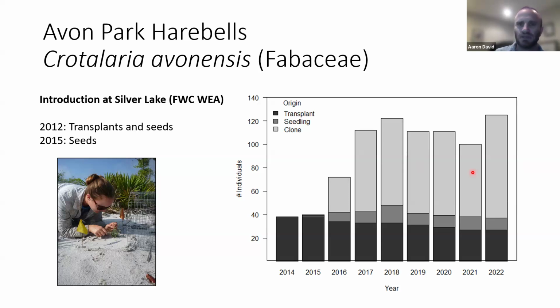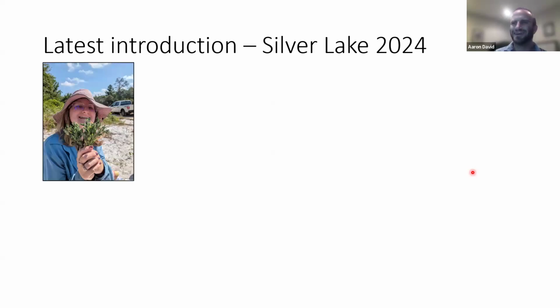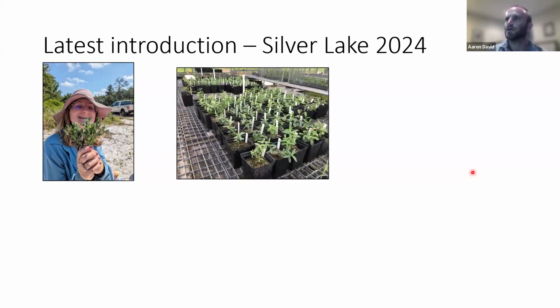And then we did another introduction at the same site, but a different parcel within the Silver Lake. Just to give you a few pictures from this exciting thing we did. We were collecting plant cuttings from all three of the sites to have as genetically diverse a population as we could.